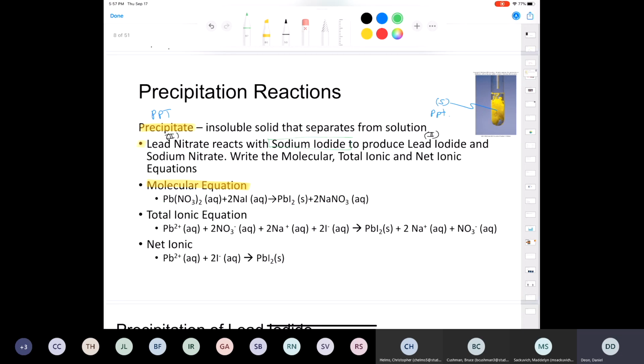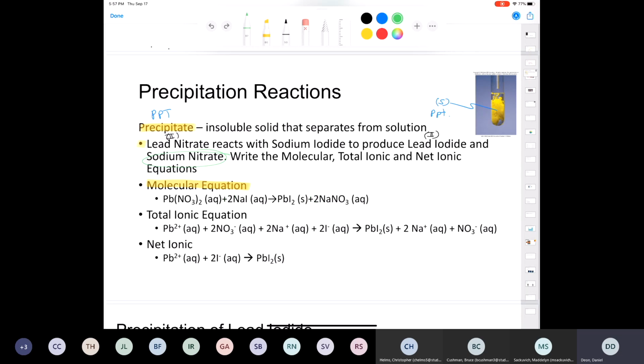Sodium is in group 1A, likes to have a charge of +1. Iodide is a halogen, in group 7A, likes to have a charge of -1. And so we get NaI, and we end up producing lead 2 iodide, shown here, and we also get sodium nitrate. Now, somebody went ahead, and that somebody was me, and I already balanced the equation. So now we have a balanced equation.